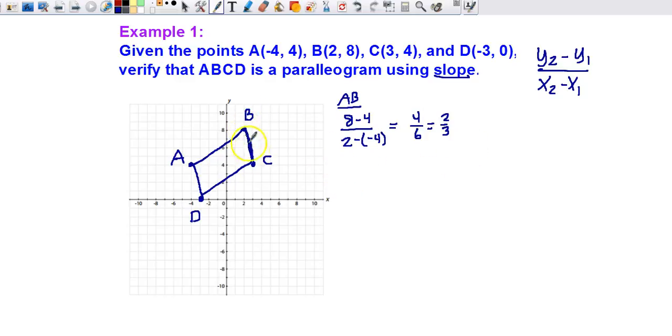Let's do the next segment, BC. It doesn't matter which order you go, but I'm just going to stick with right and left. So it's going to be 4 minus 8, which is negative 4, divided by 3 minus 2, which is 1. Negative 4 divided by 1 is negative 4.